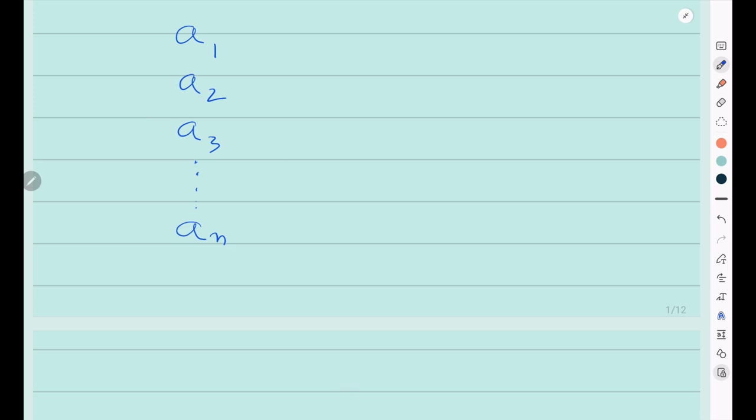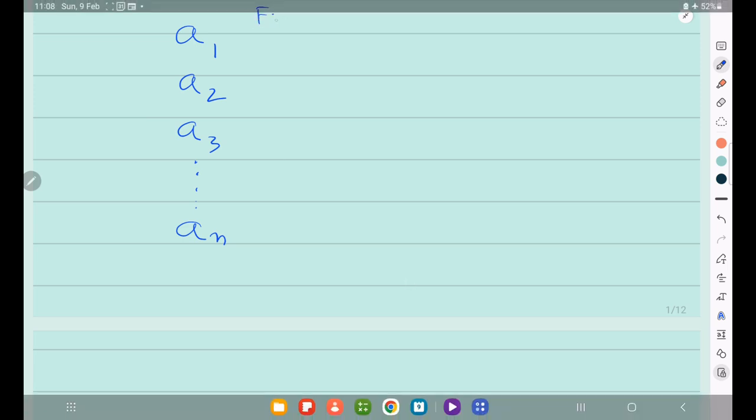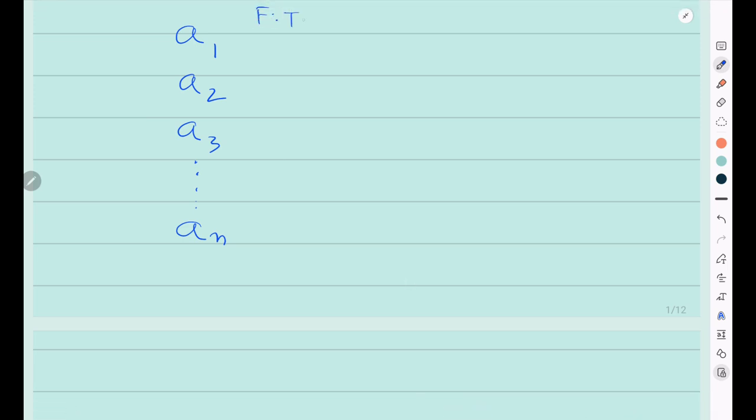Okay, so this is the first term, and then we can say that the common difference we can usually define as d. So A2 minus A1 will be equal to d.